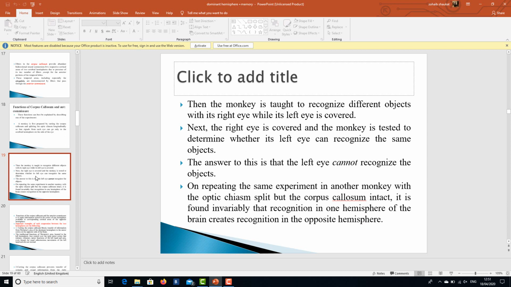On repeating the same experiment in another monkey with the optic chiasm split but the corpus callosum intact, it is found invariably that recognition in one hemisphere of the brain creates recognition in the opposite hemisphere.